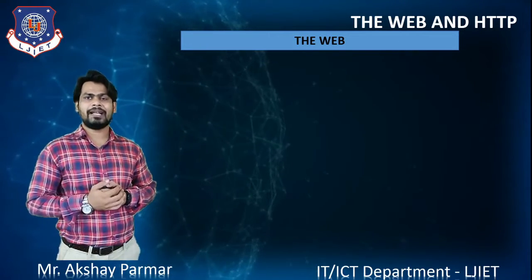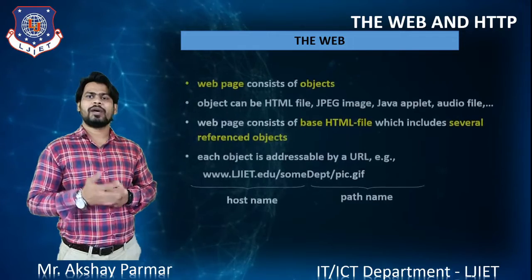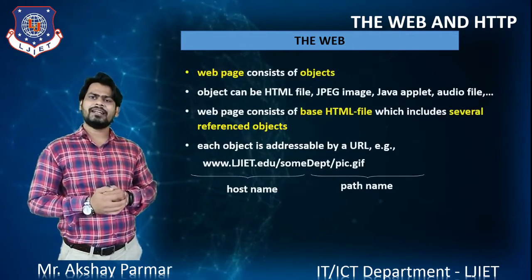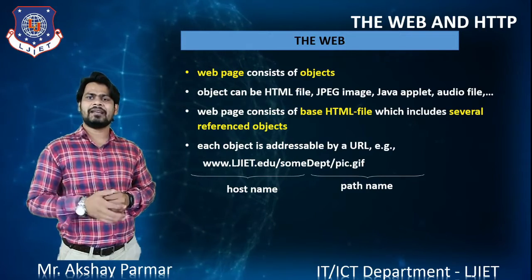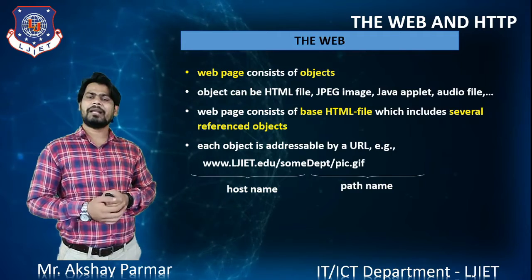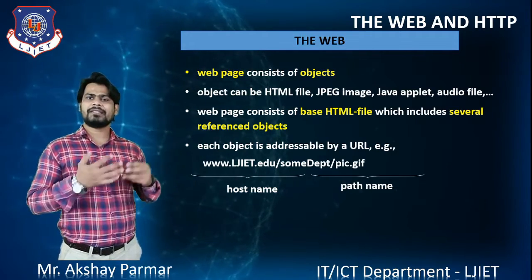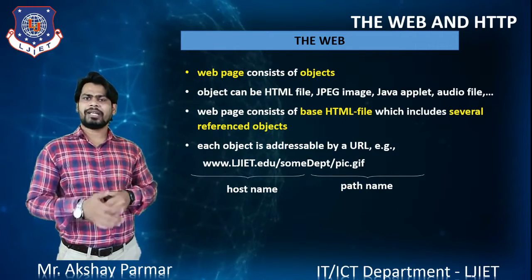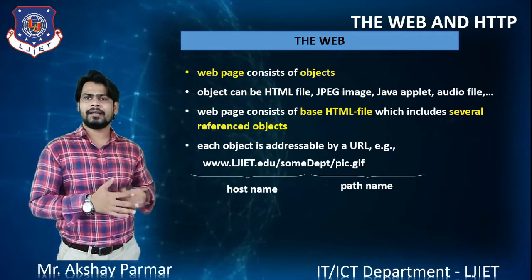Do you have any wild guesses? Yes, you are right. A web page consists of objects, and that object can be anything. It can be an HTML file, a JPG file, a PNG file, a Java applet, an audio file, a video, or text.